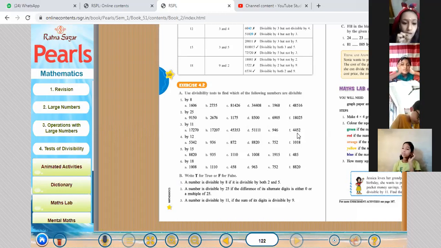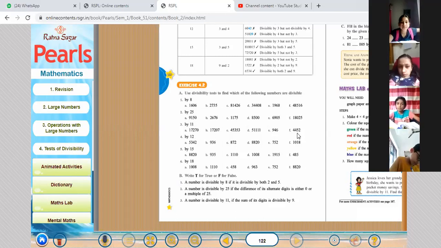In page number 122, exercise 4.2, the third question, to check the divisibility by 11. There are 5 numbers given. You can do it as your homework before our next class.